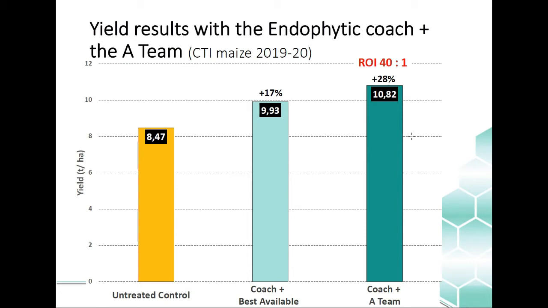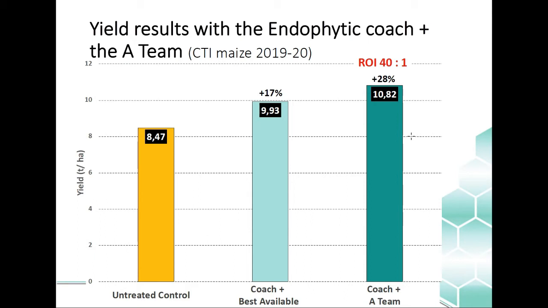We're going to give the coach a team. So we're going to give it the functional groups that we know it needs to perform its function: the phosphate solubilizer, the nitrogen fixer, the group that suppresses fungal pathogens, the group that suppresses insects, the group that suppresses the bacterial pathogens. And there you can see the yield response up to 28%.